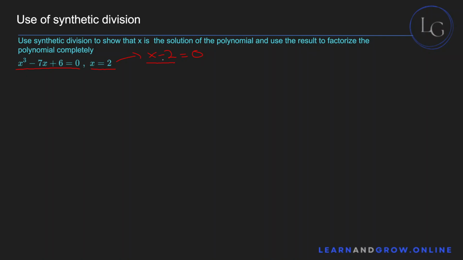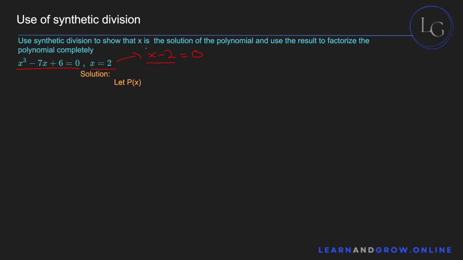So basically this x minus 2 will be multiplied with a certain quadratic expression. So let's see. We need to confirm. So we have two things.